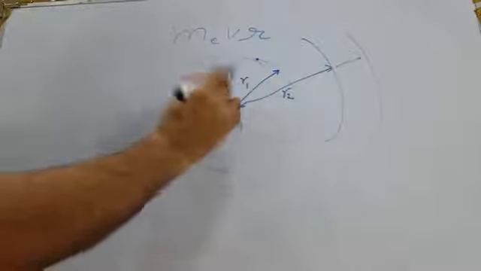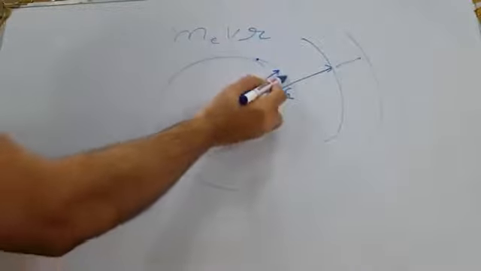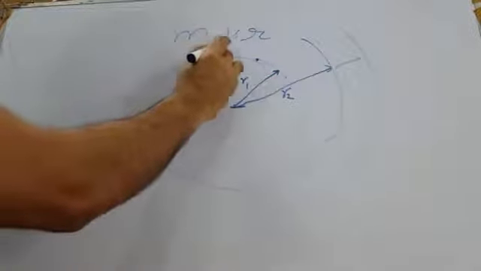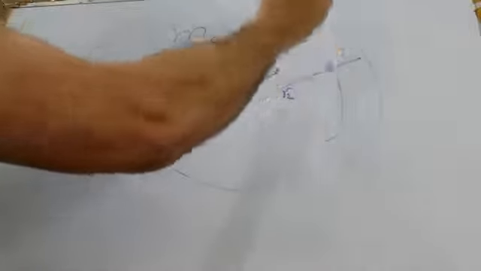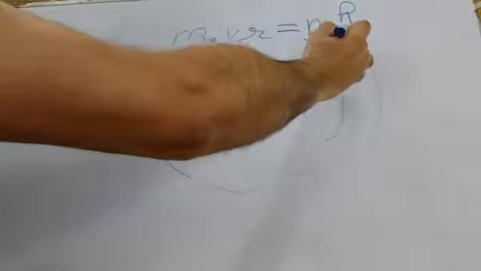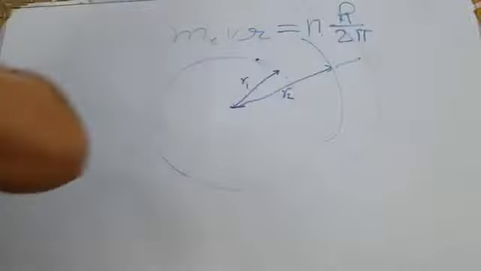The electron would go only in that orbit in which its angular momentum is a whole number multiple of h upon 2 pi, where h is Planck's constant.